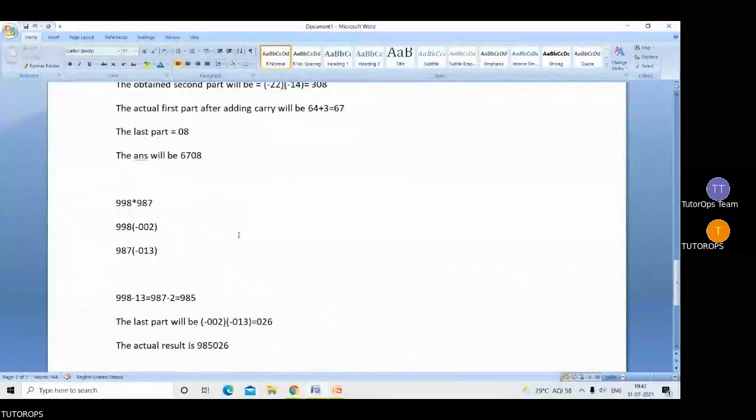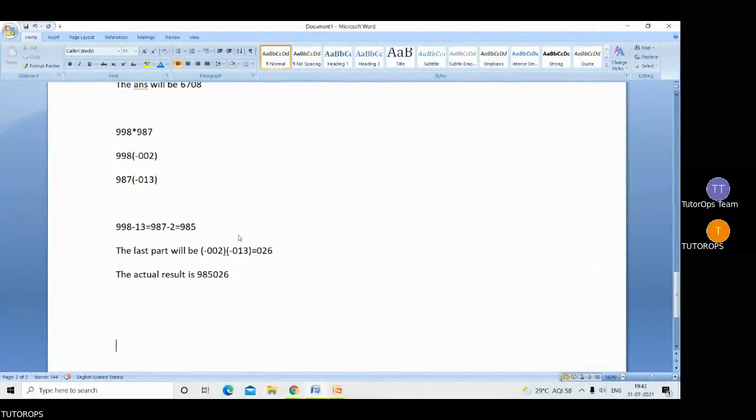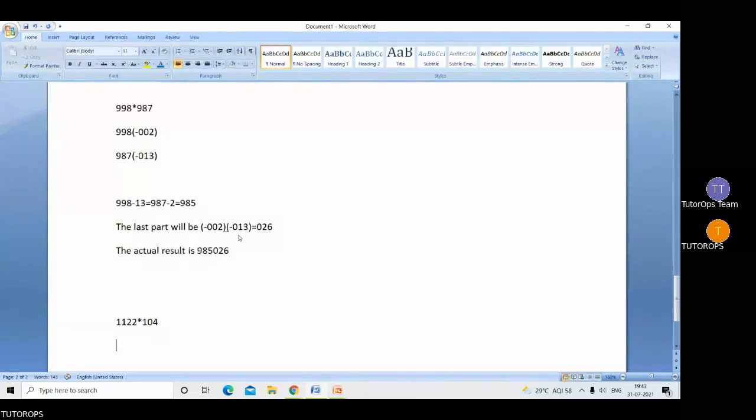Say I am taking a simple example, 1122 multiplied by 104. Now what will happen for 1122? We know that here the nearest base is 1000.